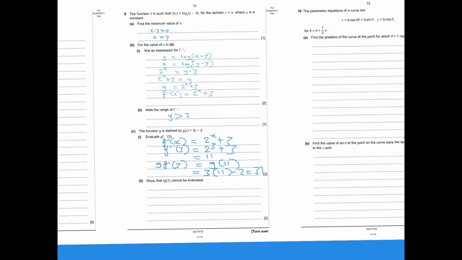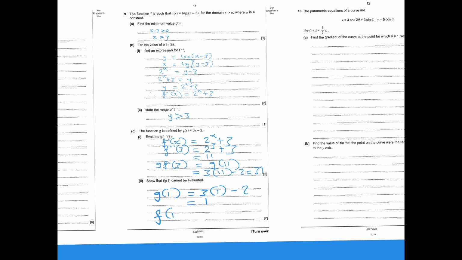All right. Moving on then to part 2, show that f of g of 1 cannot be evaluated. We start with the inner function, which is g of 1. So what is g of 1? It means we are substituting 1 into g. So we are going to have 3 times 1 minus 2, which gives us what? 1. So what then is f of 1?